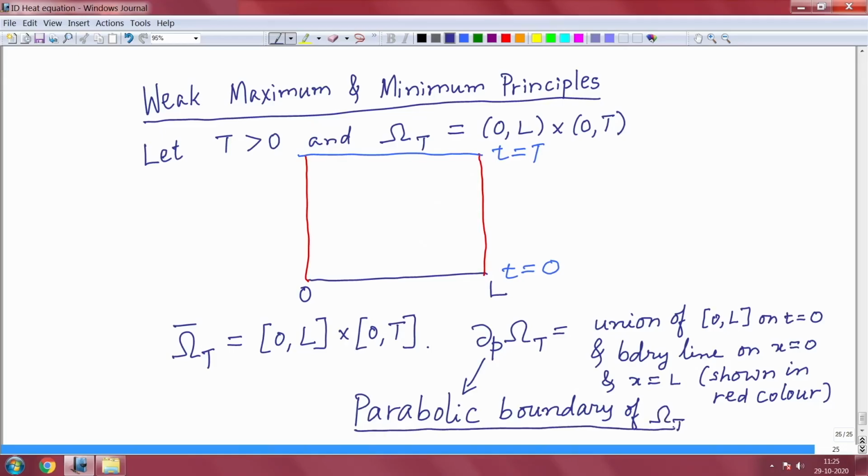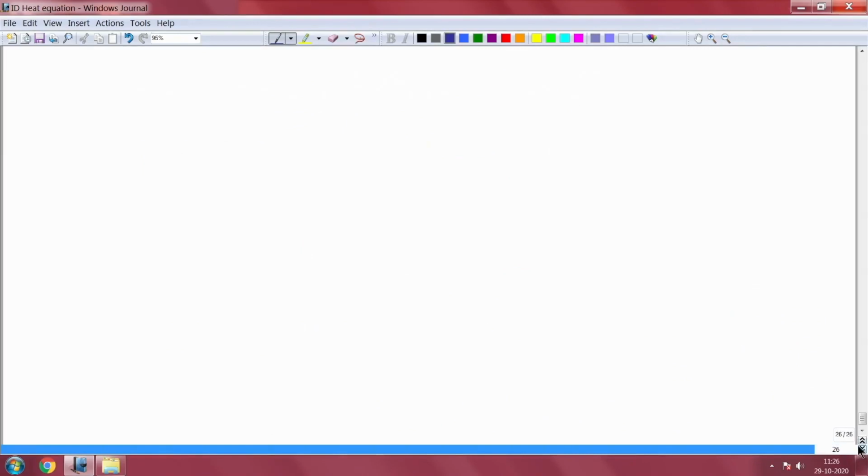Okay. With these notations, now we state the theorem. So, these are weak maximum and minimum principles. Theorem.